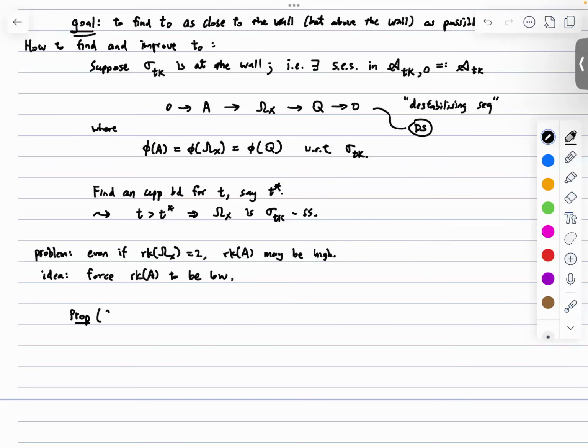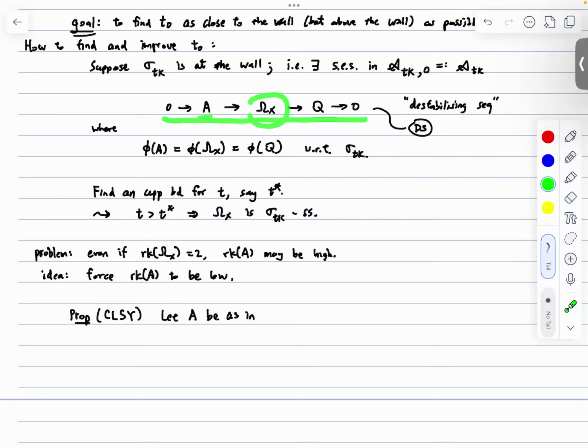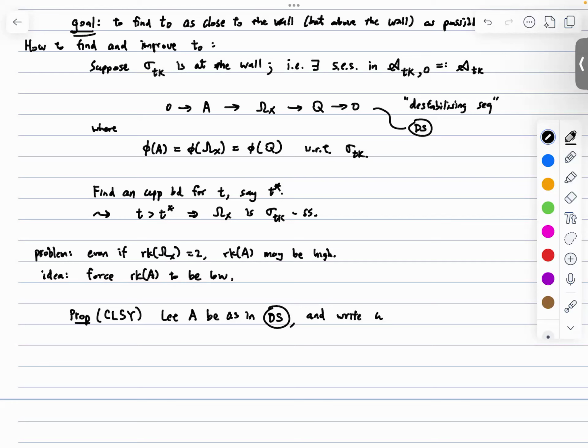So we have a proposition. Suppose A is this sub-object in a destabilizing sequence for the cotangent bundle. And let's write omega to denote t times K. So omega is the ample class that goes in the Bridgeland stability condition that we'll be using.